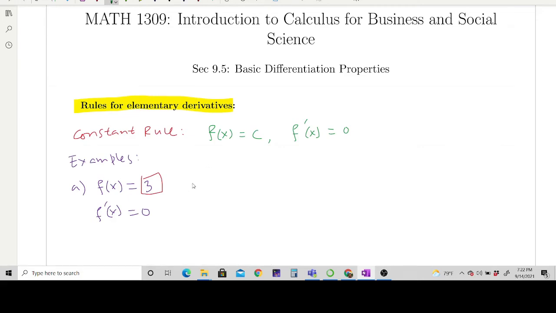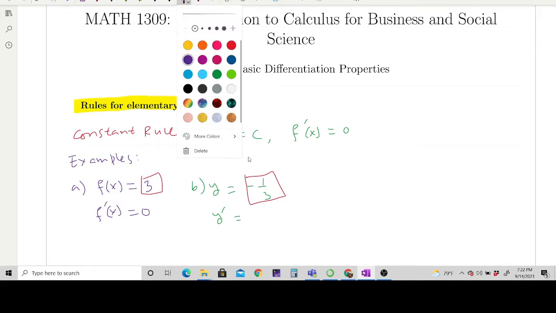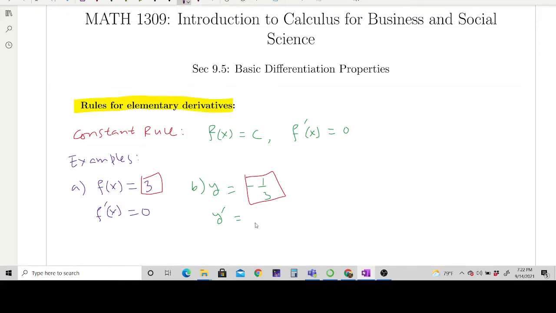Now the second example, y equals negative 1 over 3, let's say. Again, negative 1 over 3 is a constant, so the derivative of negative 1 over 3 is 0.